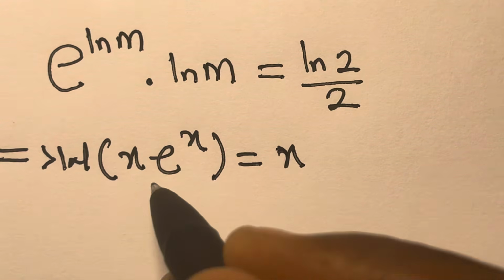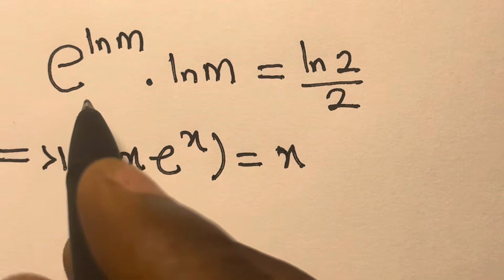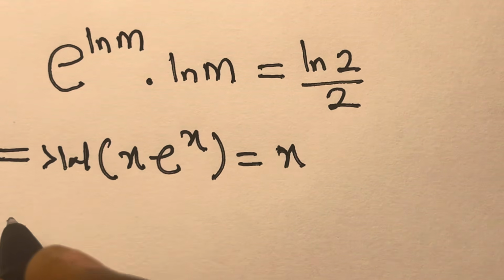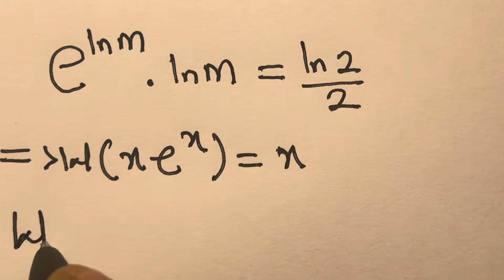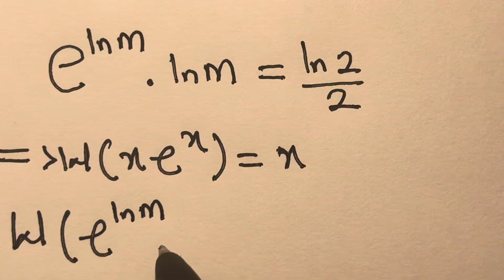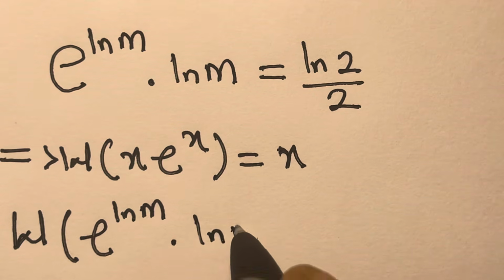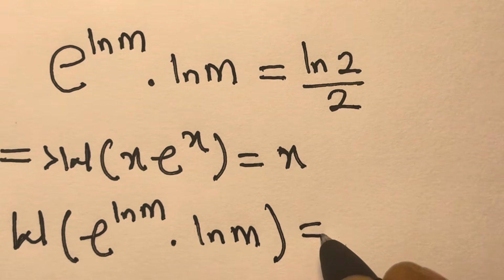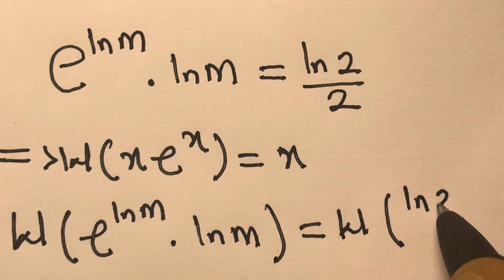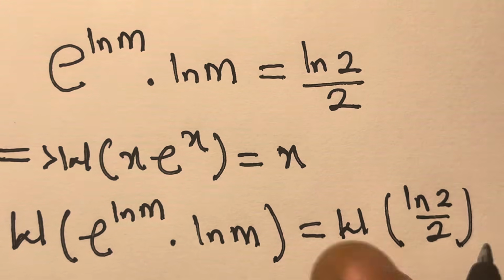So now if you introduce the Lambert function to both sides, we will have the Lambert function of exponential ln m multiplied by ln m, equals the Lambert function of ln 2 divided by 2.